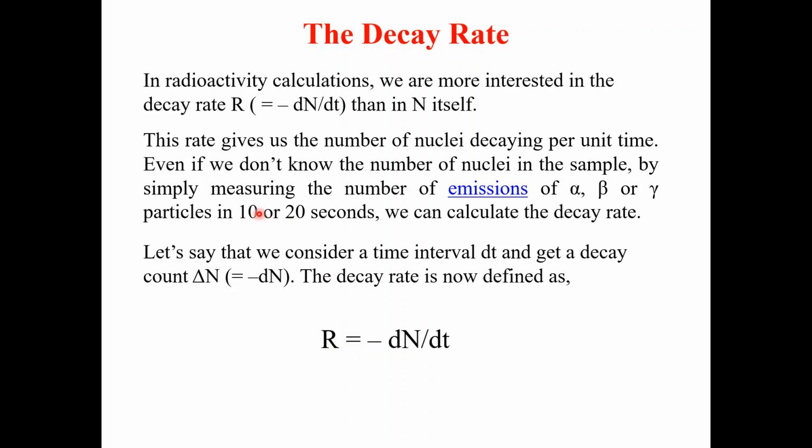Here we gave the example with sample numbers, but if you want to derive a mathematical relation, we have to make some considerations. We consider a short time interval dt, and we get a change delta N equal to minus dN. Then the decay rate is defined as R is equal to minus dN over dt.